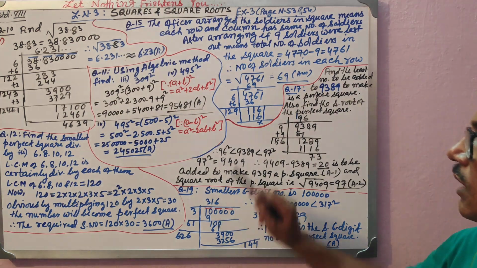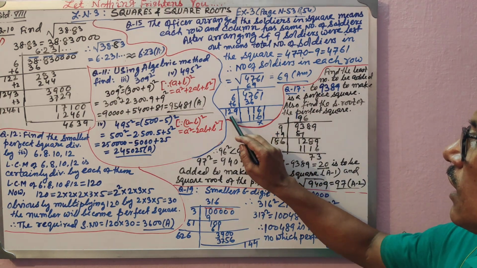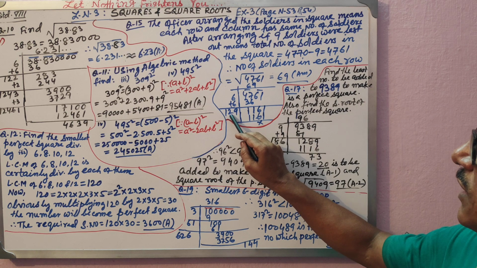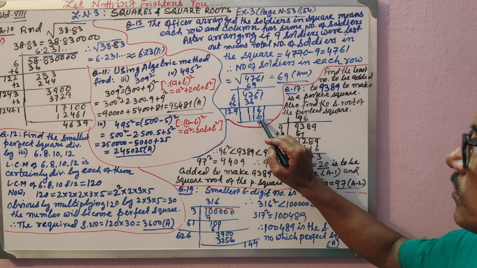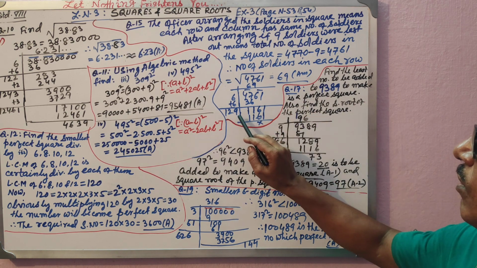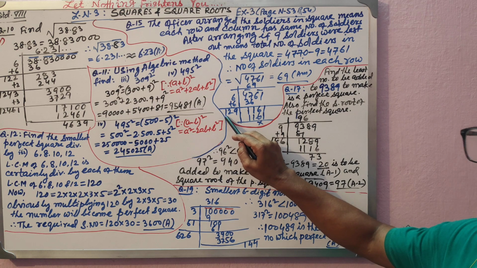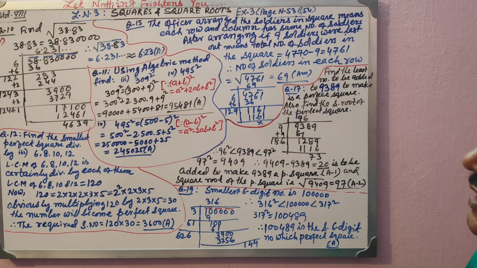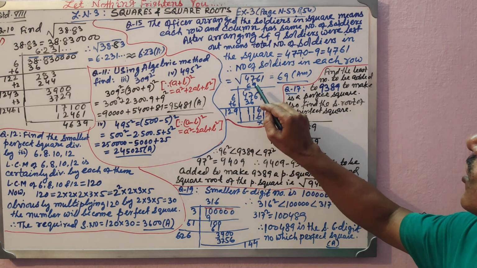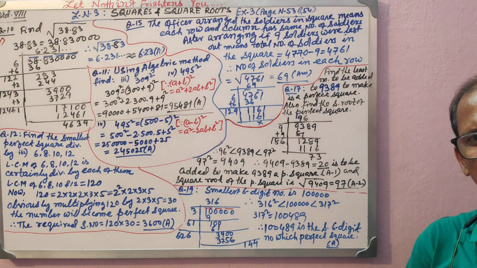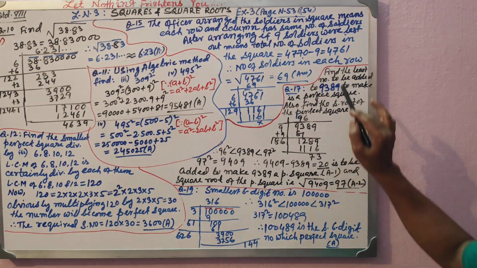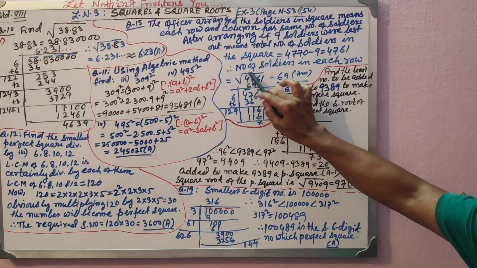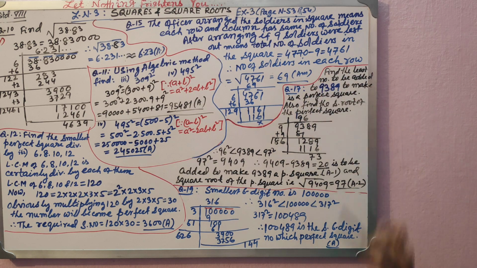So 9 9s are 81, 9 2s are 18 plus 8 is 26, carry over 2, 9 1s are 9 plus 2, 11. So it is coming exactly this, no remainder. So the square root of this is equal to 69. So each row has 69 soldiers. That is what you have to write down: the number of soldiers in each row is 69.